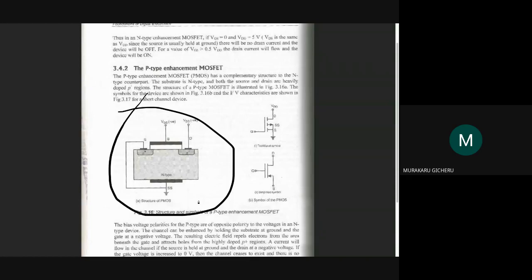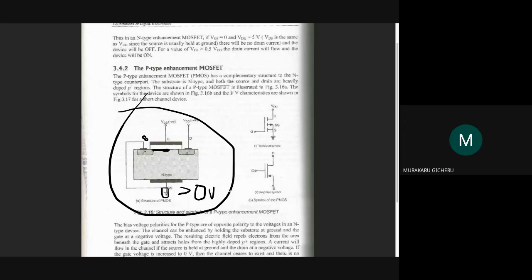They'll be at some higher, positive voltage, so that if you apply 0 at the gate, it will still form the channel. It will form a P-type channel over here if you put the source and the substrate at greater than 0 volts.